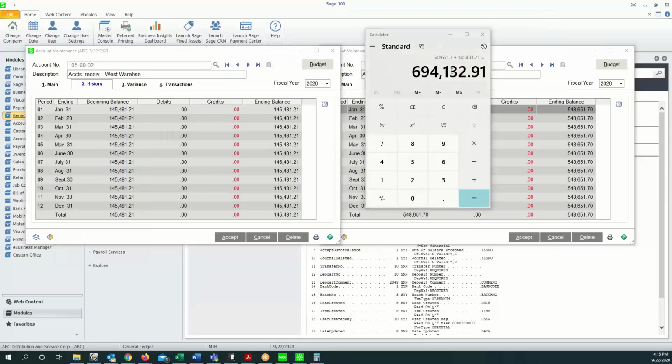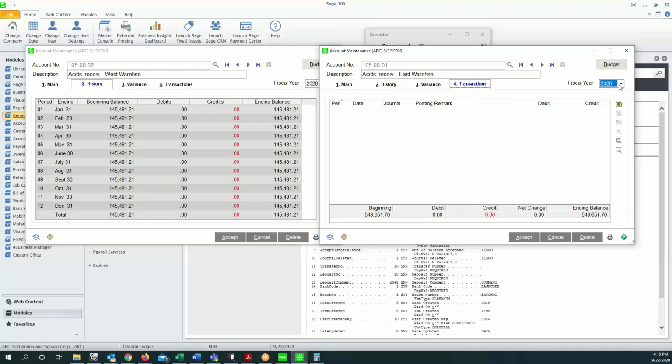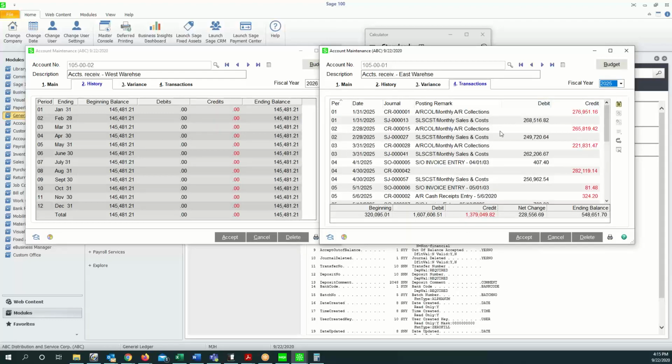So the next particular thing that I would do in hunting this down is I would take a look at the transactions that exist in my general ledger, and I would look from the last time that I had reconciled my general ledger to my aging or my trial balance report, and I would see if there are any miscellaneous types of transactions that may have occurred that don't belong in that particular account.